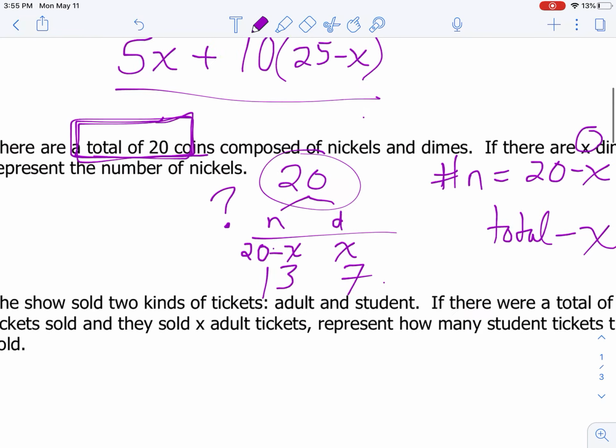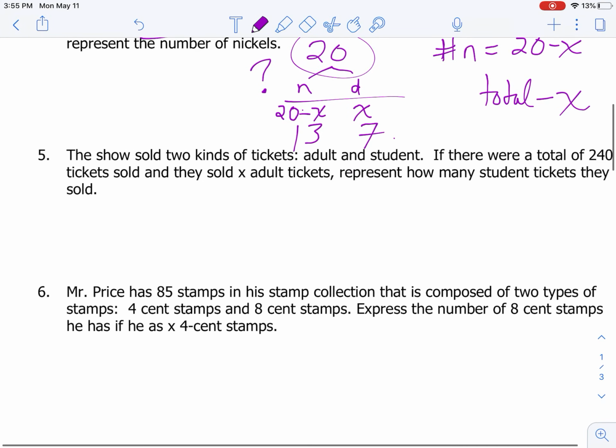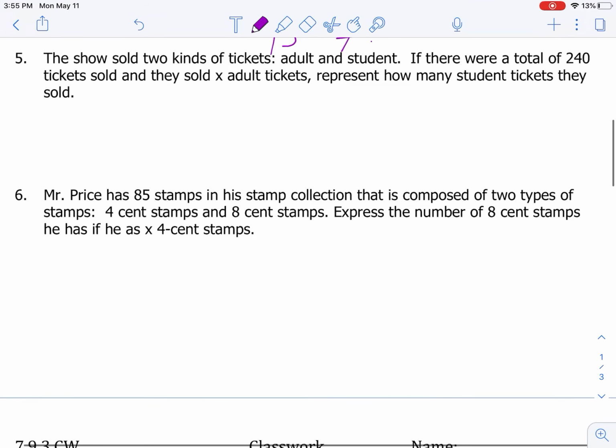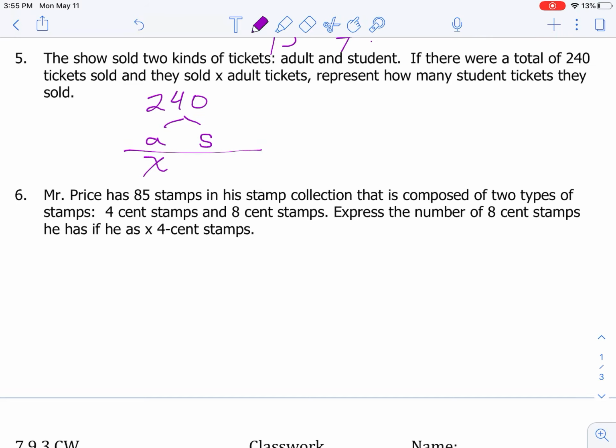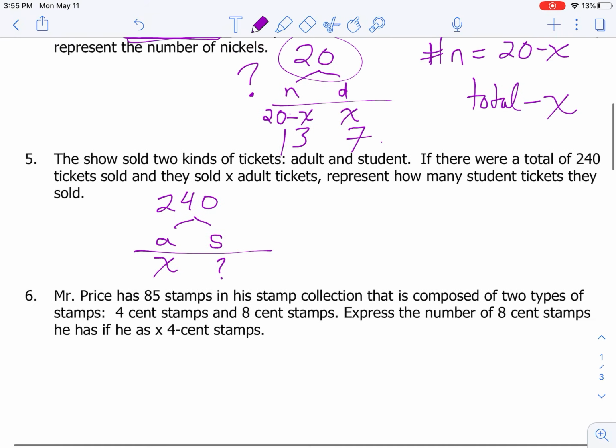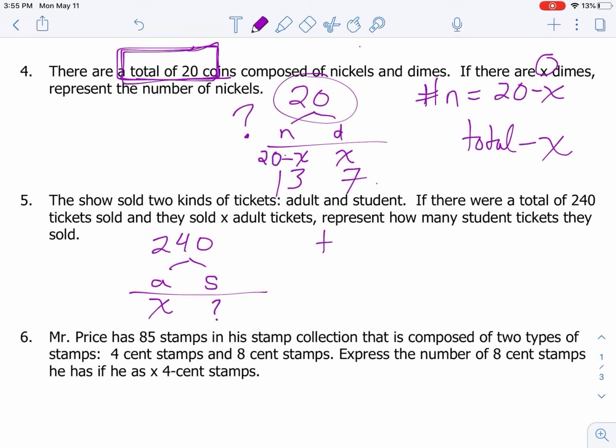All right, this show sold 2 kinds of tickets, adult and student. There were 240 tickets sold. So 240 tickets sold, some were adults, some were students. They sold X adult tickets. So how many student tickets did they sell? Well, I just told you, the total minus the part. So the total is 240.